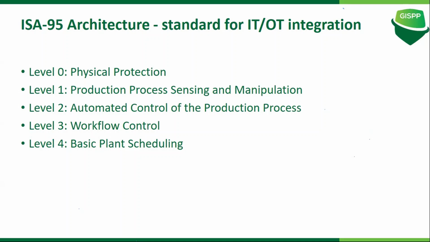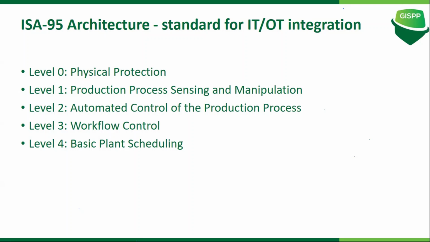At level 0, we talk about physical protection. Level 1, we talk about process sensing and manipulation, what the sensors are providing as data and how it is being manipulated. In level 2, we talk about automated control of the production process.